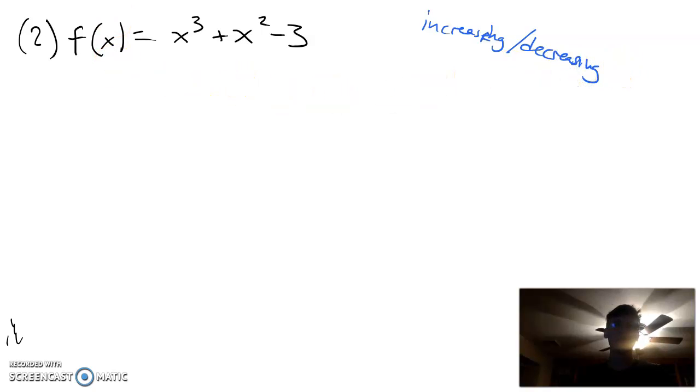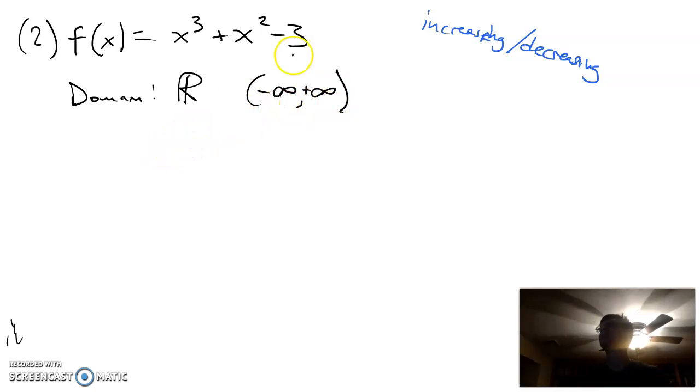So first of all, again, we have a polynomial, so the domain would be all real numbers. You see it sometimes written this way, sometimes like this, usually like that. Okay, so now, if we just want to find where it's increasing or decreasing, we're going to take the derivative.